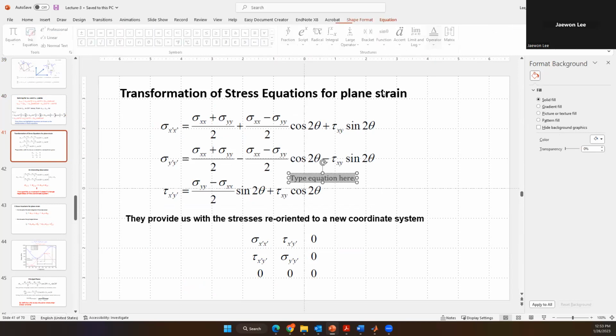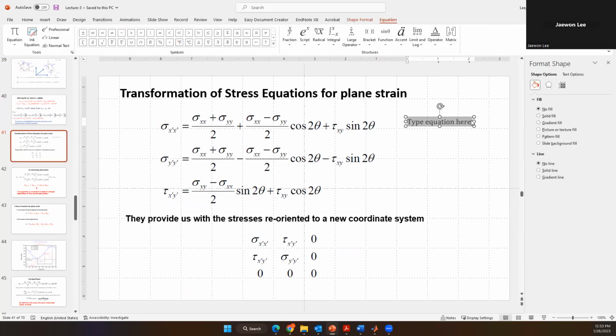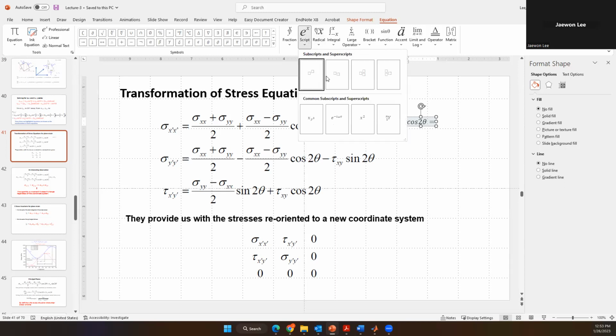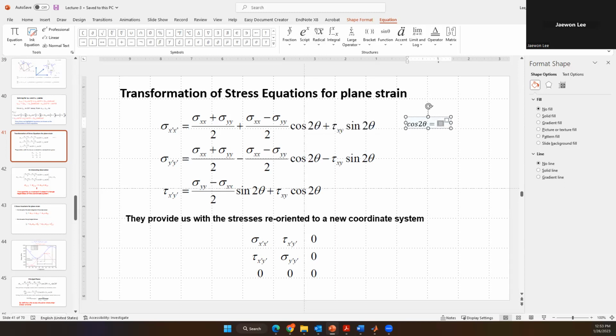So cosine 2 theta is equal to cosine square theta minus sine square theta.